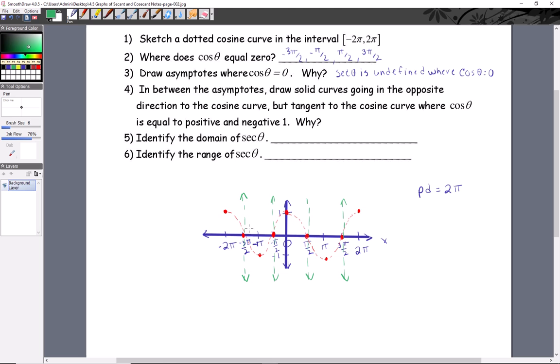Okay, and then in between them, we're going to draw curves, just kind of like we did with cosecant. All right, so here's a curve, and here's a curve. And here's another one. This is actually supposed to be 2 periods of this. So we have this and this, but then we have this without a match in the upper, all right?